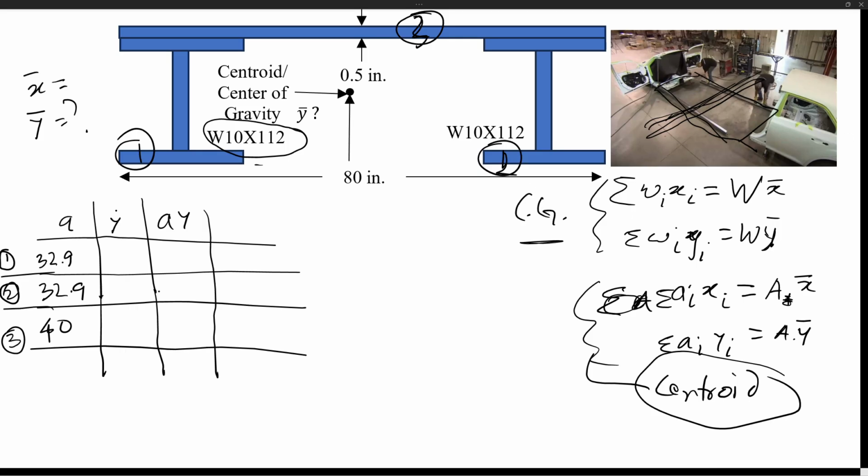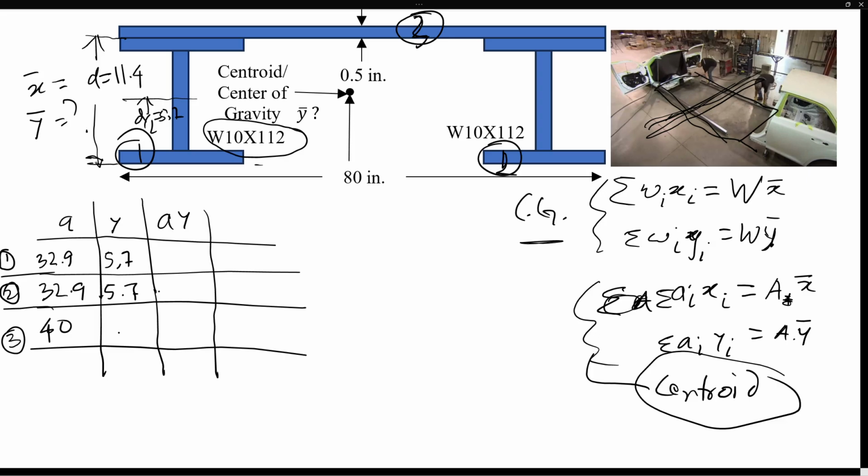Then for the y bar from the table, I found this distance is half of this distance. This is D, so the y bar for this beam would be D by 2, which you can get from the table. The D value is 11.4, so D by 2 would be 5.7. This is also 5.7 for the second wide flange beam.